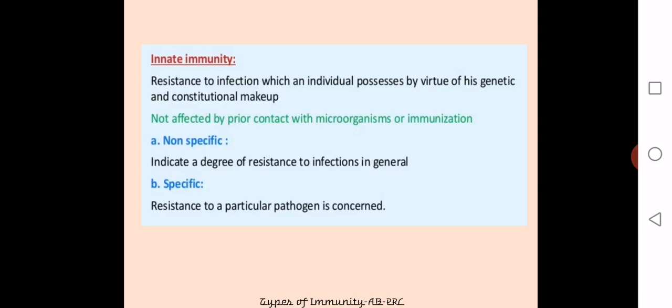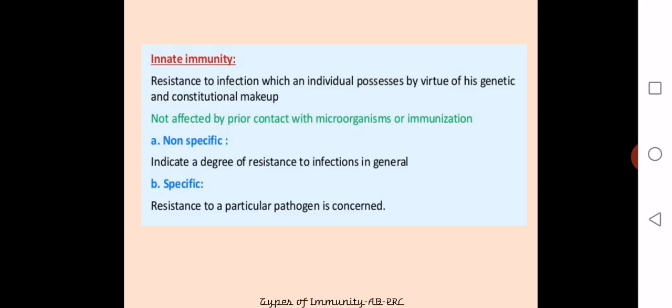Right, that is the basic distinction between adaptive and innate. Adaptive immunity is attained by the body through an exposure, whether natural or artificial, usually by an infection, either by contact with the microorganism or with immunization.